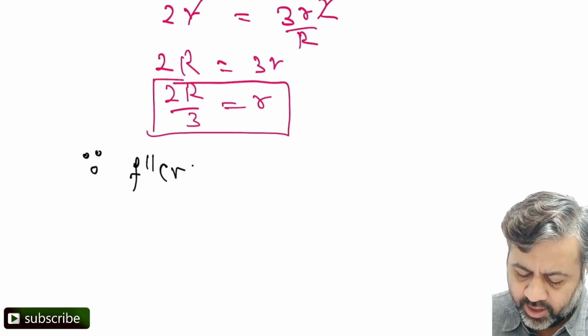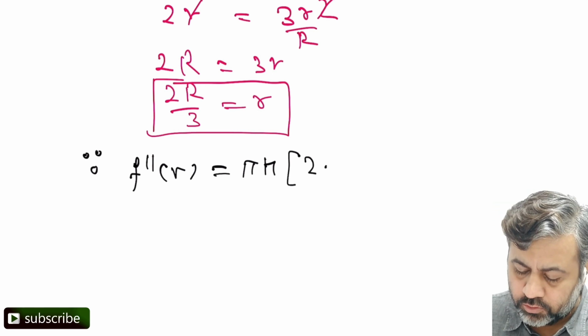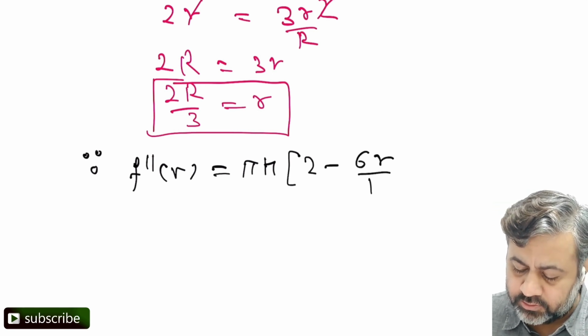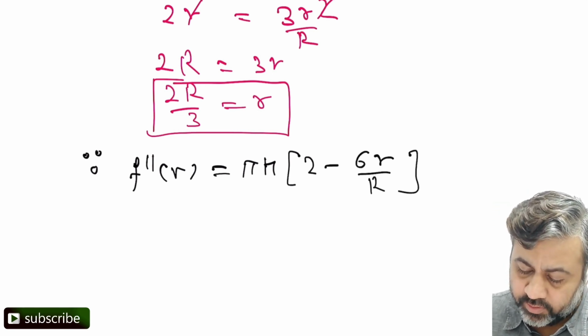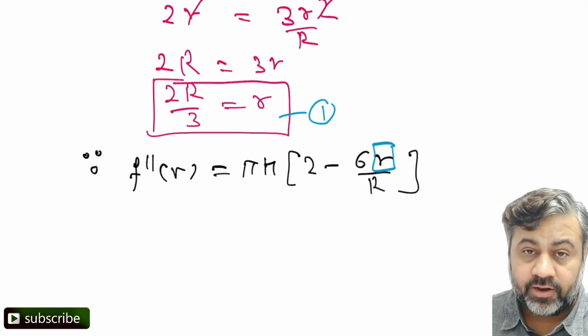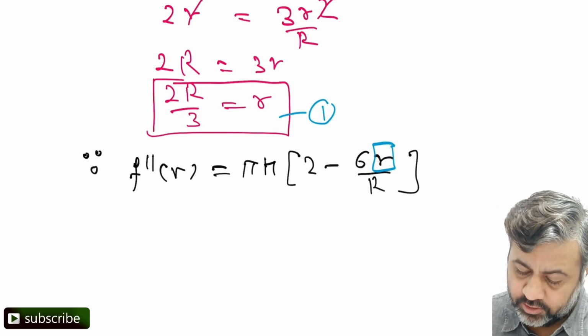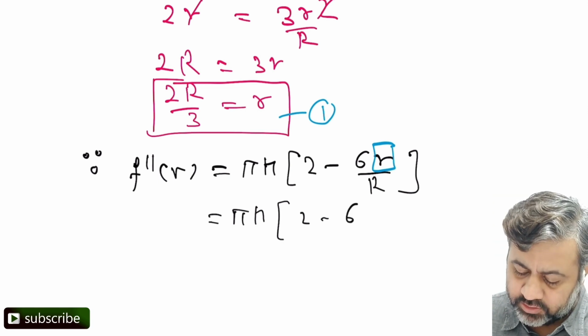F double dash of r, which we found, was pi h times (2 minus 6r upon R). So I'll substitute the value of small r and we'll conclude whether it is negative or positive.